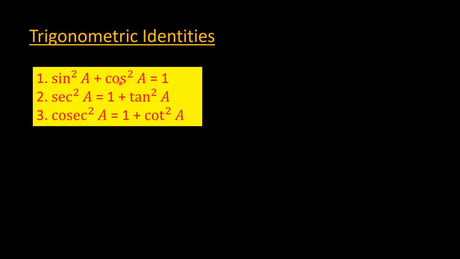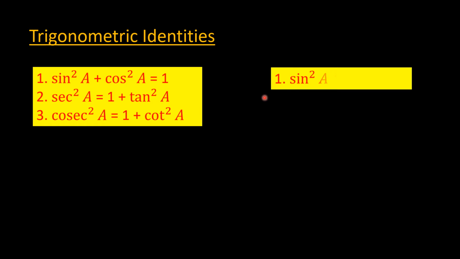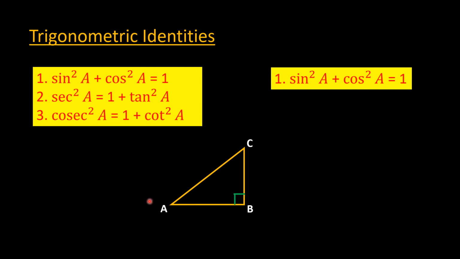So we start with the first identity, sin squared A plus cos square A equals 1. We have a right triangle ABC, and by Pythagoras we have BC squared plus AB squared equals AC squared.